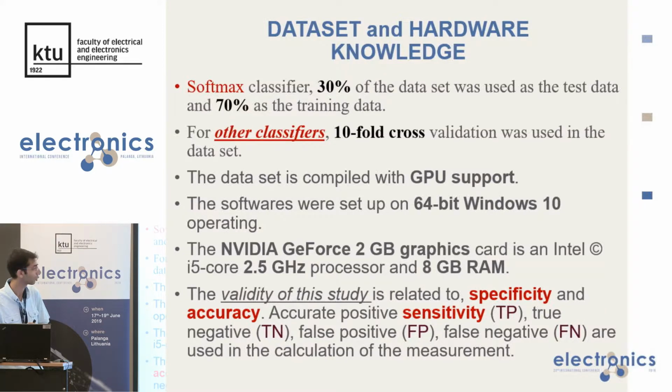For the softmax classifier, we used 30% of the dataset as test data and 70% as training data. For the other classifiers, 10-fold cross validation was used on the dataset. The work was GPU supported.